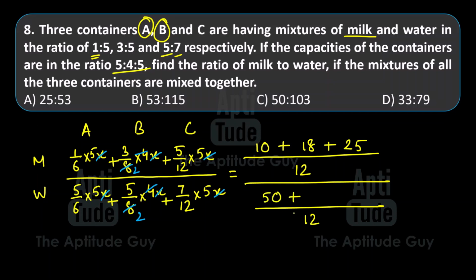Okay, plus 12 by 2 is 6, 6 5s are 30, plus 12 by 12 is 1, 7 5s are 35. Done. 12 and 12 get cancelled.